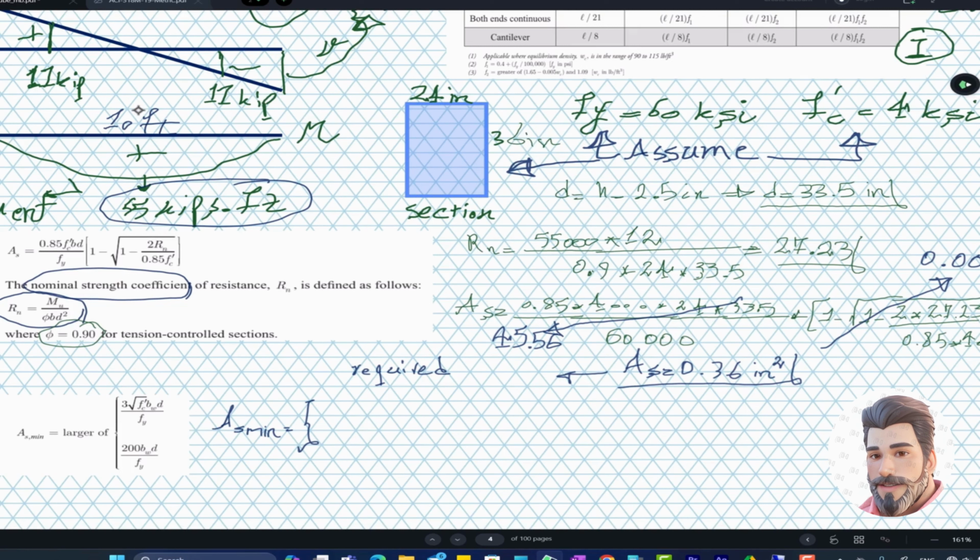As you can see, the value of the minimum rebar is greater than the calculated value of the rebar. So we use the minimum rebar in the beam, which is equal to 2.68 square inches. Now we have determined the required cross-sectional area of the steel.